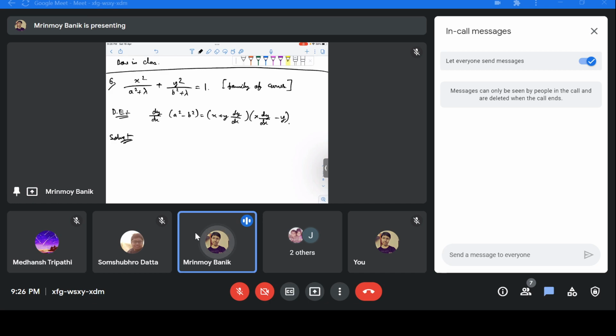Of course, lambda is the only arbitrary constant, so this equation has to be first order. Yeah, this is the first order differential equation, right? Yeah, it's just not linear. Okay.